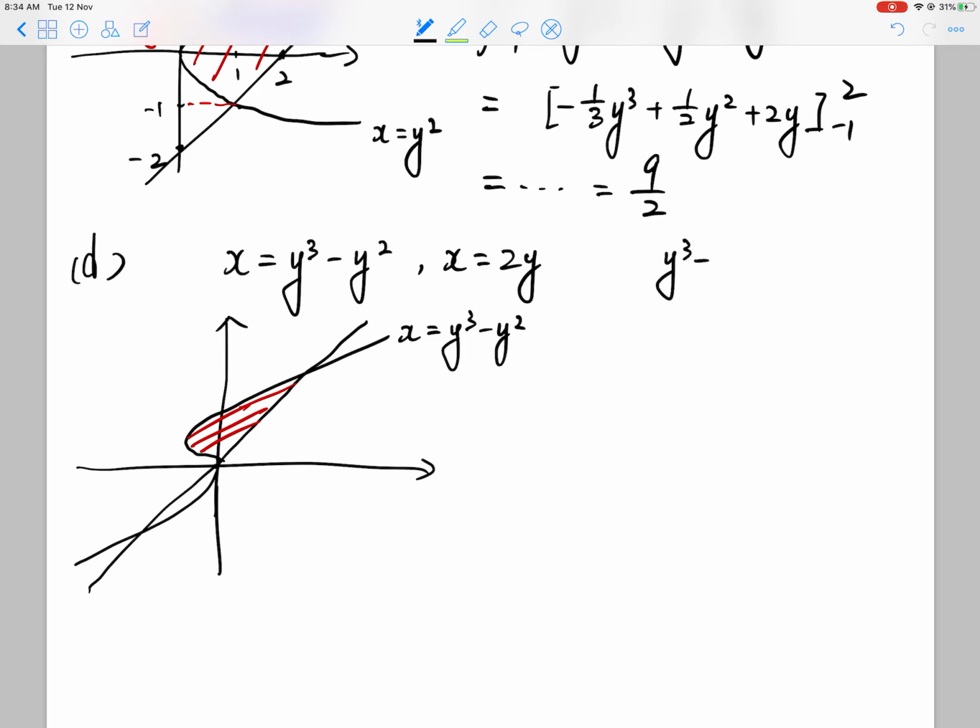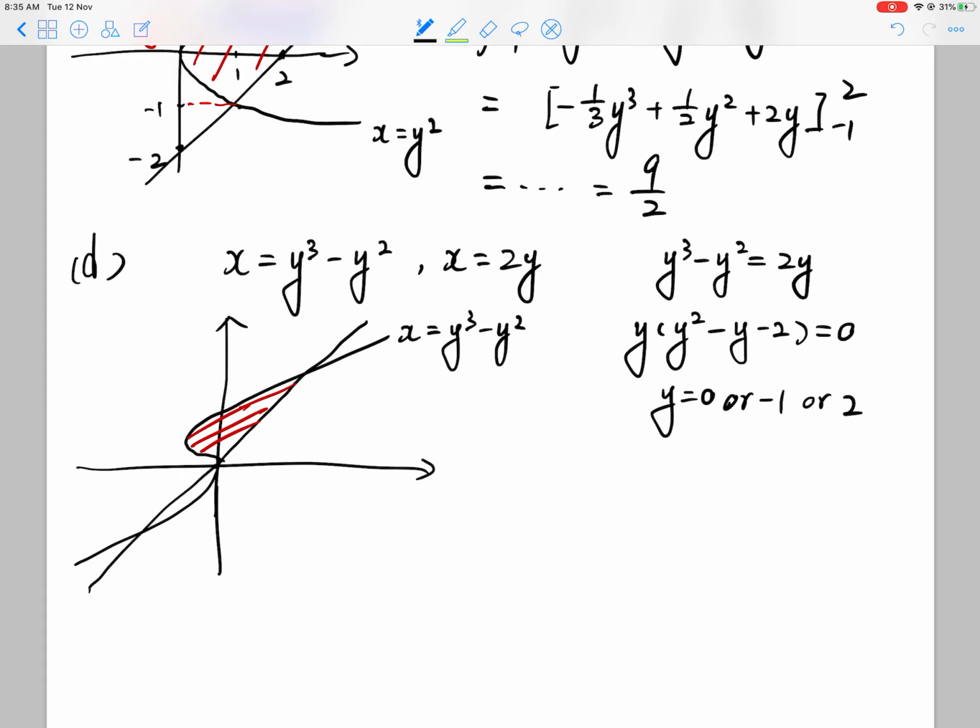So y cubed minus y squared equals 2y, which gives y equals 0 or, sorry, y equals negative 1 or 2.